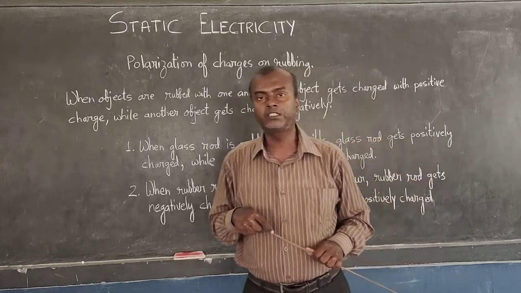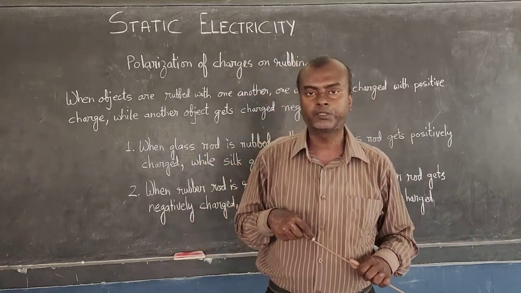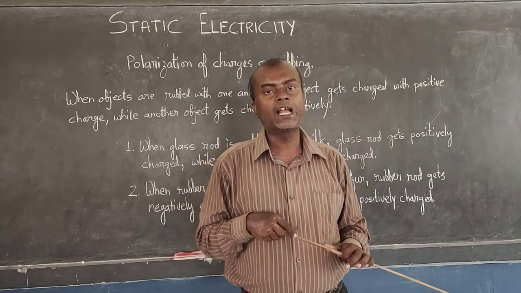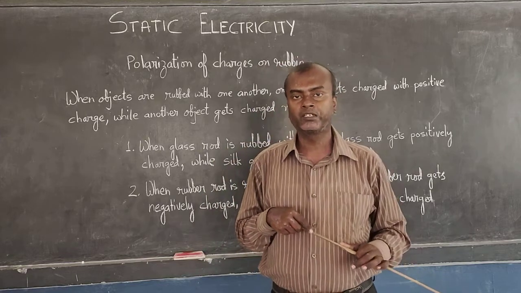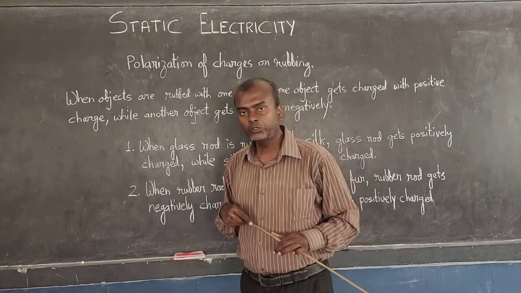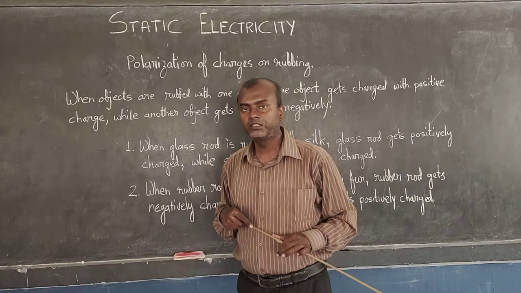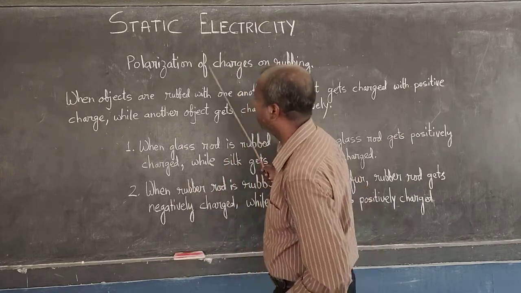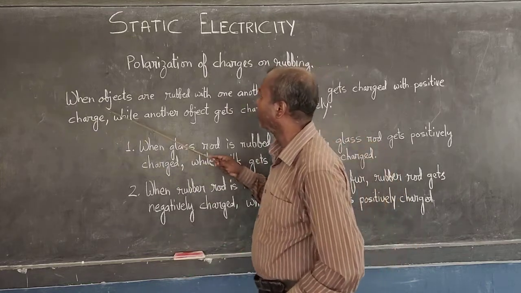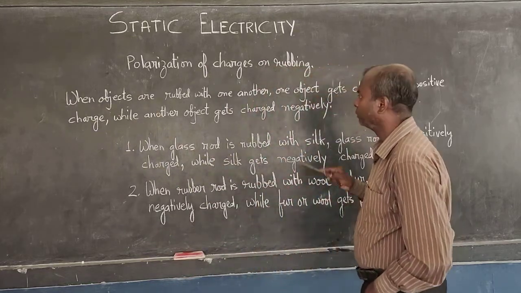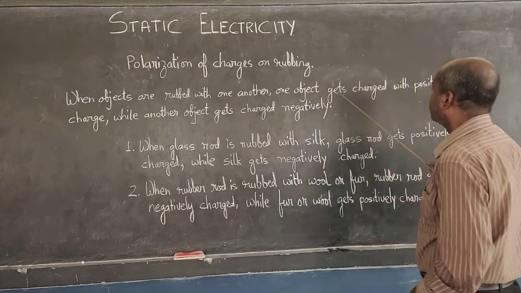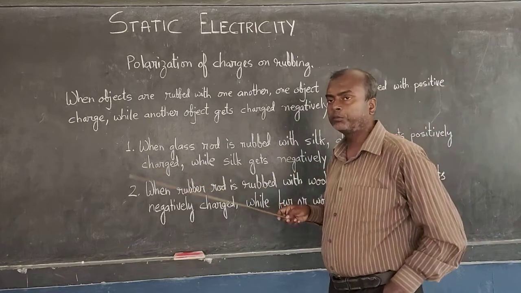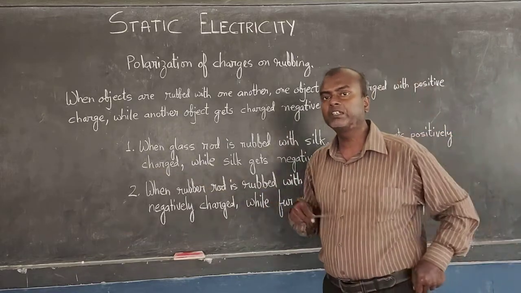After the heat due to friction subsides, the charges come back to their original positions as they were before rubbing. So, during the short period of time when the charges move, static electricity is created. When objects are rubbed with each other, one object gets charged with positive charge and the other object gets negatively charged.